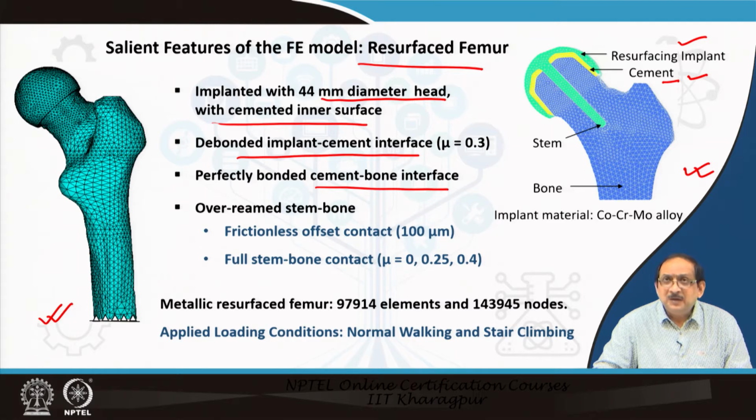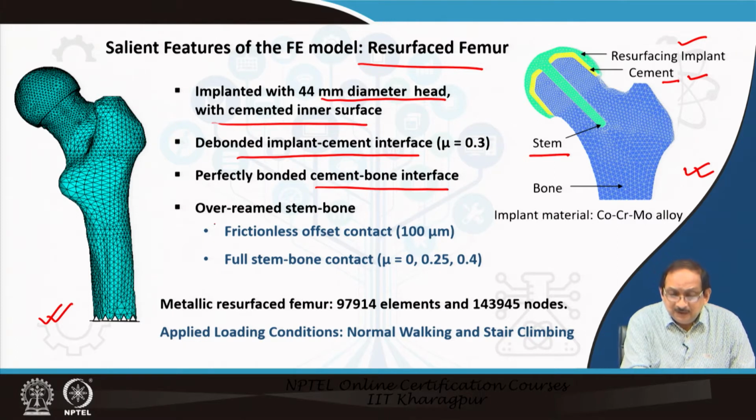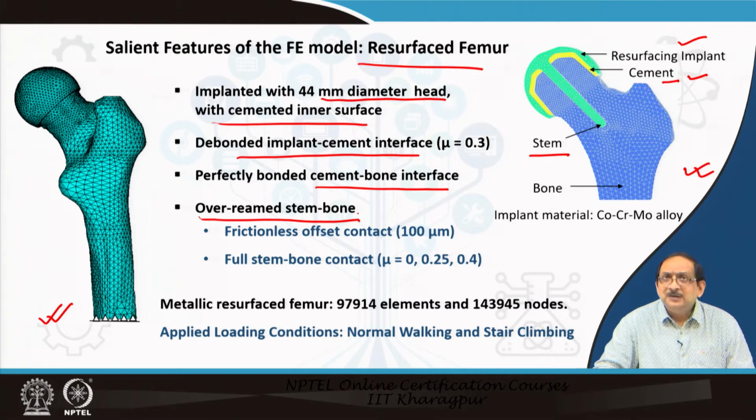The stem, as you can see in the figure, was inserted into a parallel side hole through the femoral neck and over-rimmed along its entire length, and this was modeled as completely debonded. Now, the over-rimmed stem bone condition had different contact conditions simulated in the FE analysis.